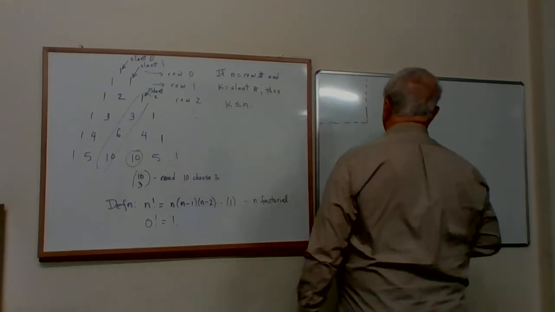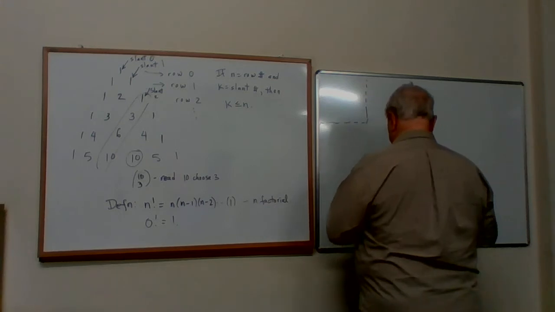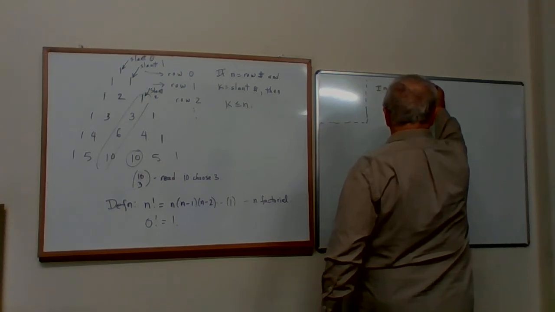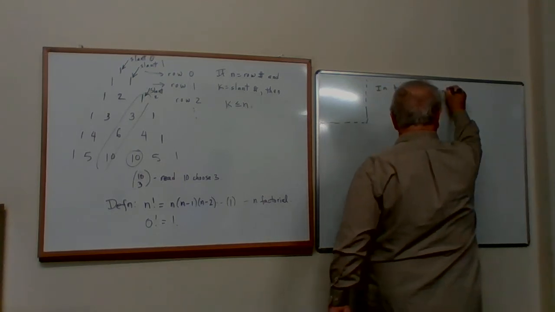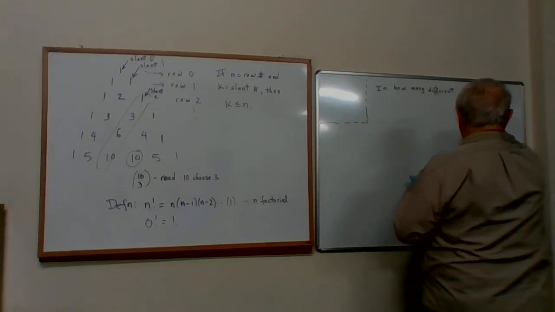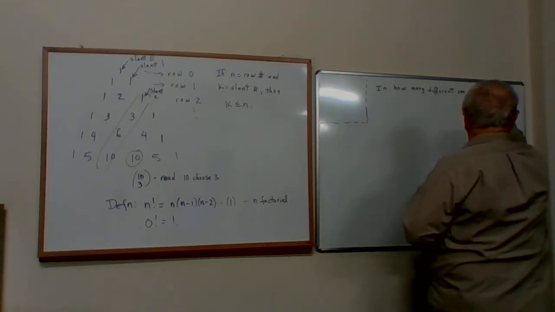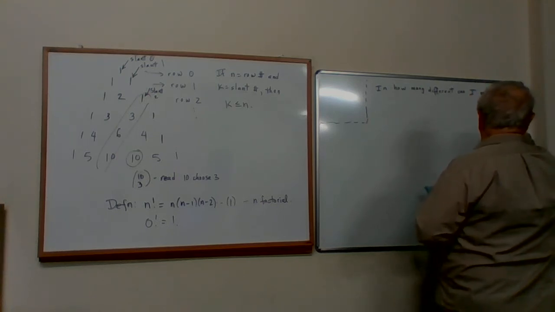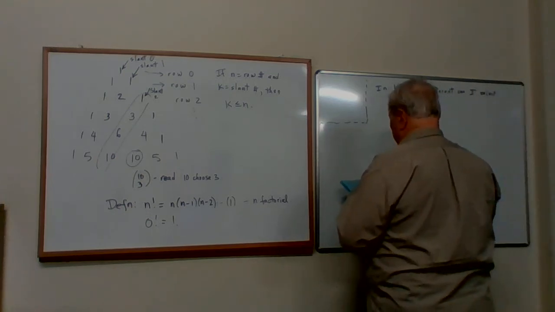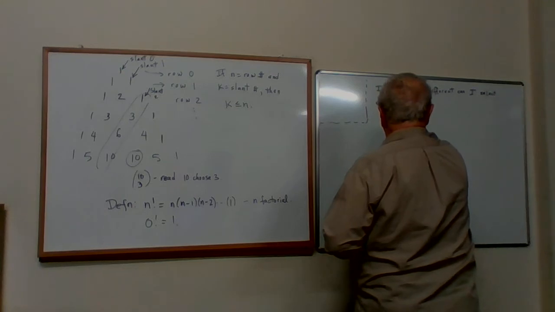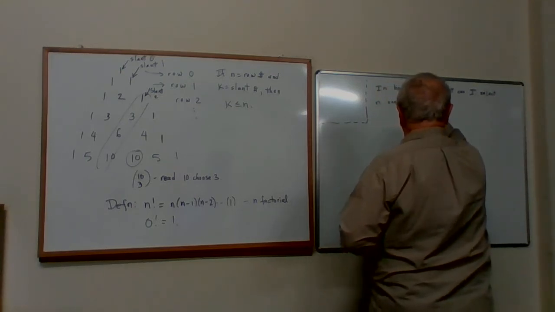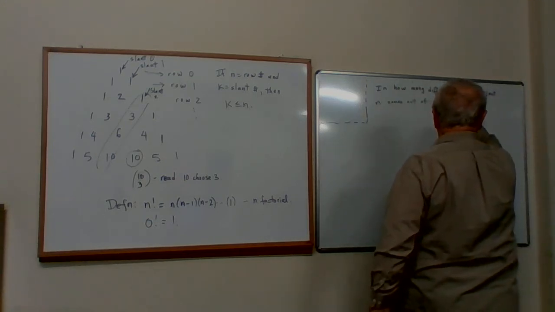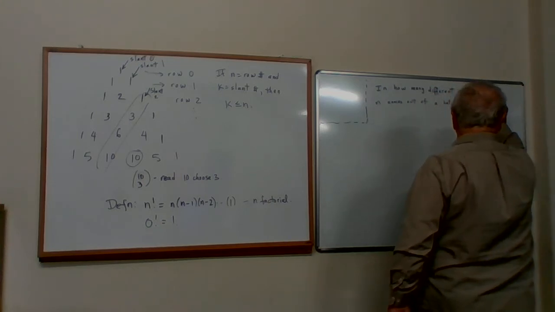So, let me ask a question. In how many different orders can I select, select only has one L in it, how many different orders can I select n names out of a hat having n names?